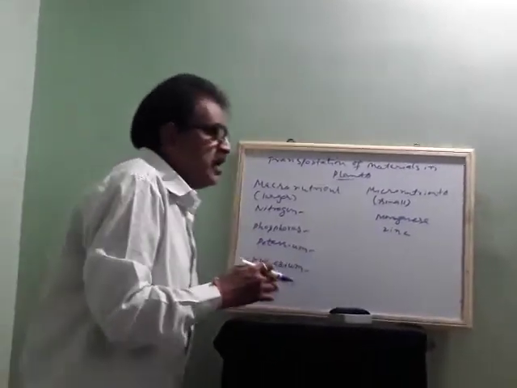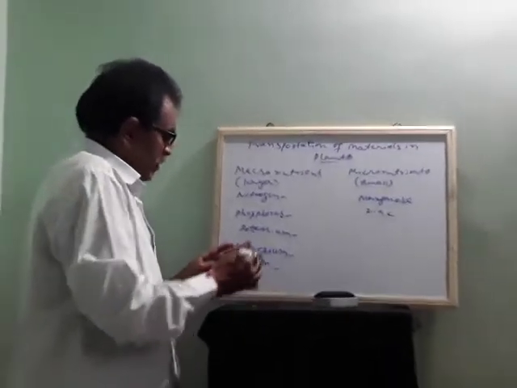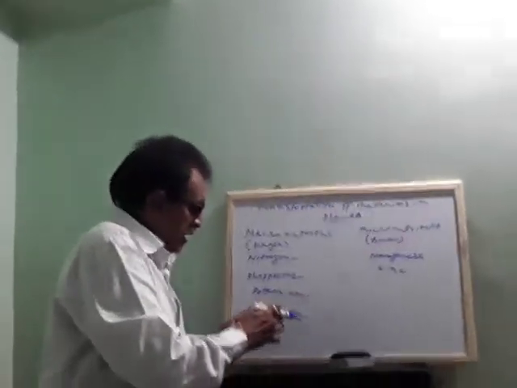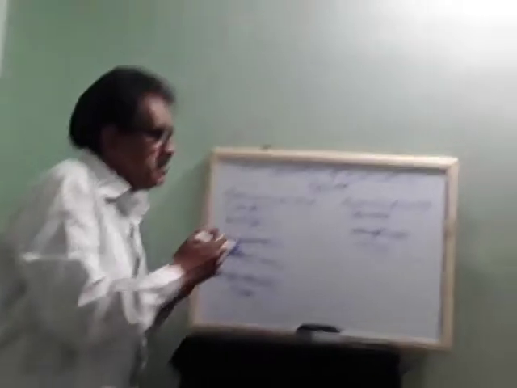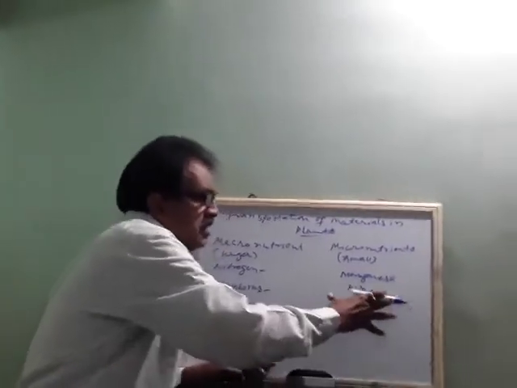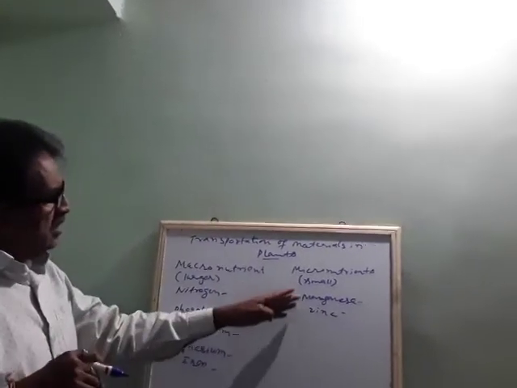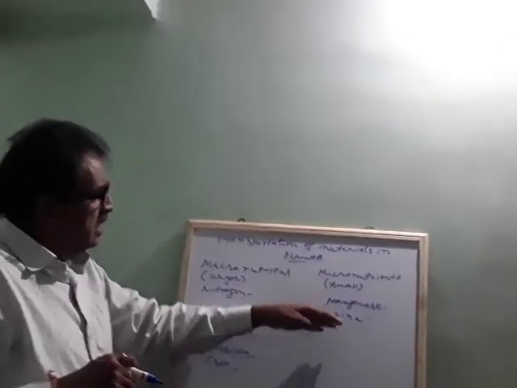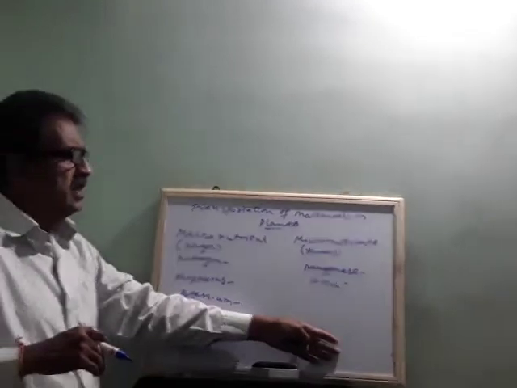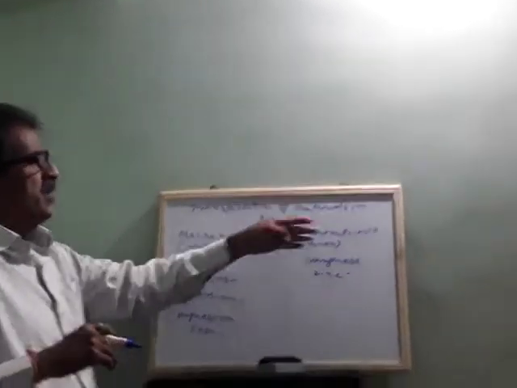So stomata respiration will take place with the help of magnesium. These are the functions, and these are required in less quantity, but don't think it is less important. It is useful, because if they want to exchange gases, they need energy, and that is supplied by the manganese and zinc.